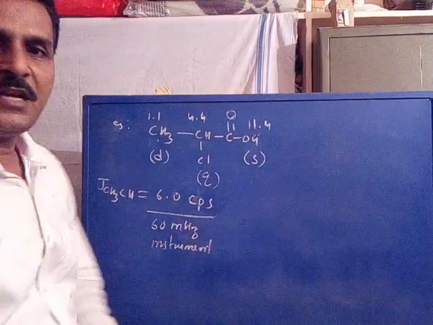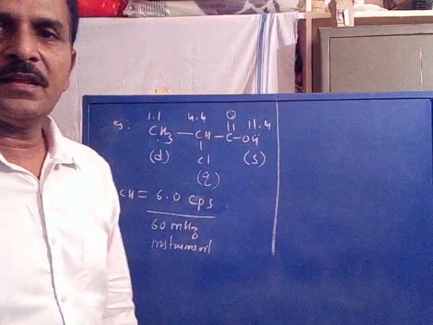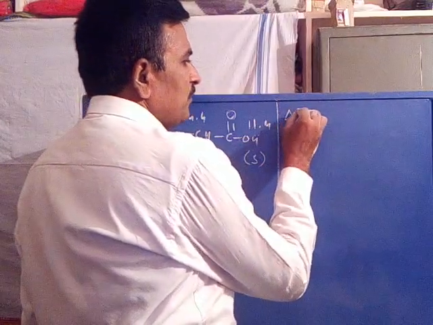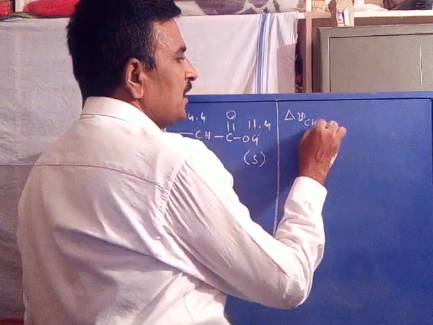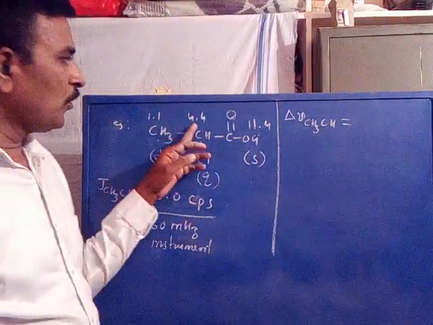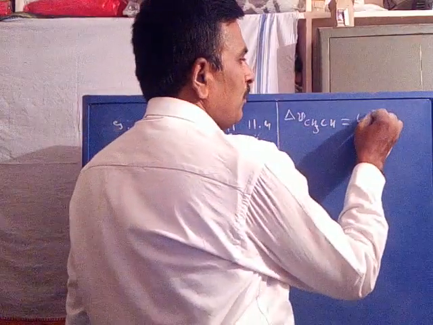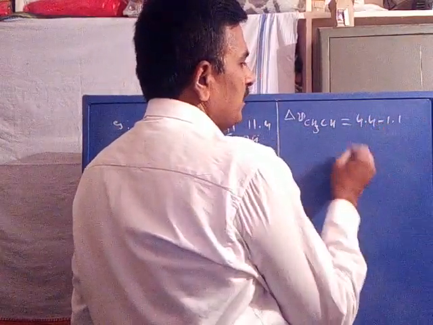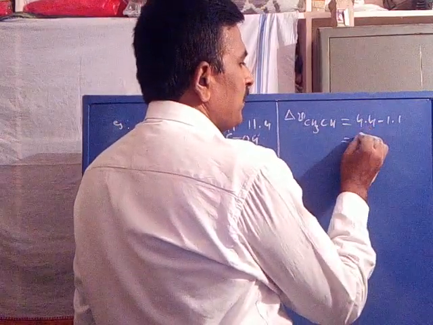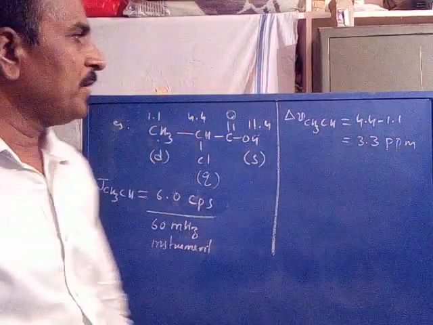In the 60 megahertz instrument, let us calculate whether it is first order or not. The frequency difference between the CH3 and CH protons: 4.4 for CH, 1.1 for CH3. 4.4 minus 1.1 equals 3.3 ppm.